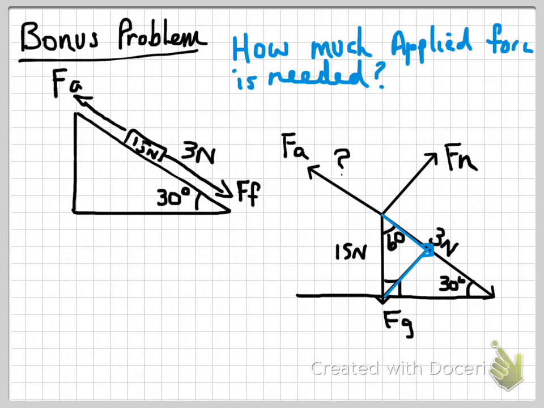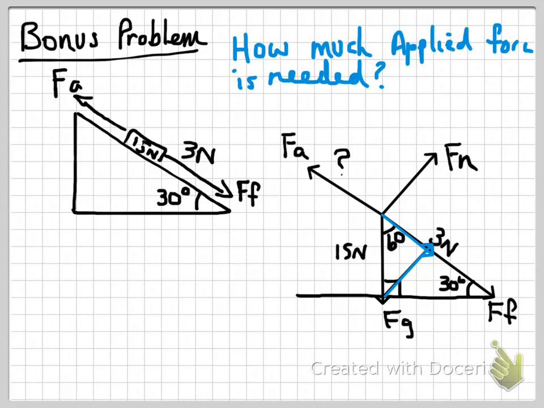We know that 3 newtons for frictional force is moving in the same plane, but we also have the force of gravity that we haven't found yet. We know the total force of gravity is 15 newtons, but part of that gravity is still on that same plane. The other part is on the plane that's equal with the force of normal. So in order to separate those out, we're going to create this little triangle.